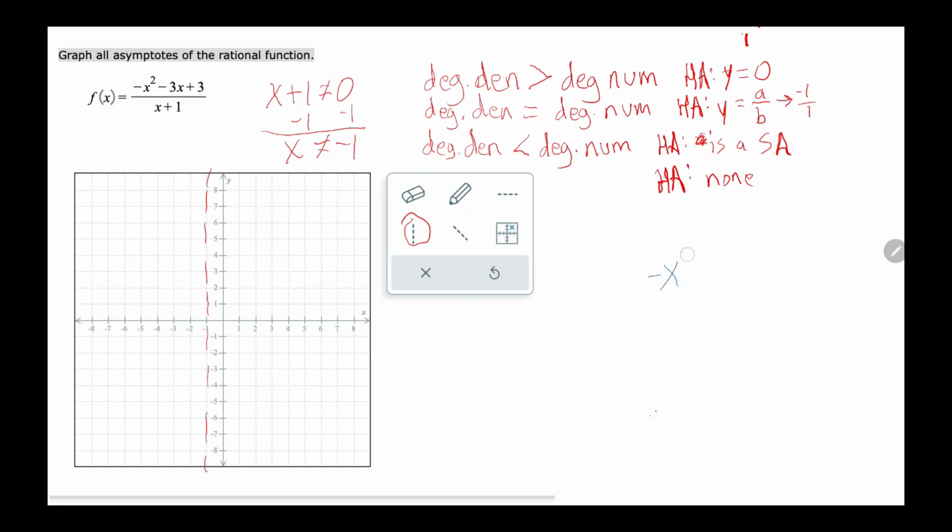Negative x squared minus 3x plus 3 is going to be divided by x plus 1. The only way to get negative x squared is to multiply x by negative x. Negative x times x is negative x squared. Negative x times positive 1 is negative x.